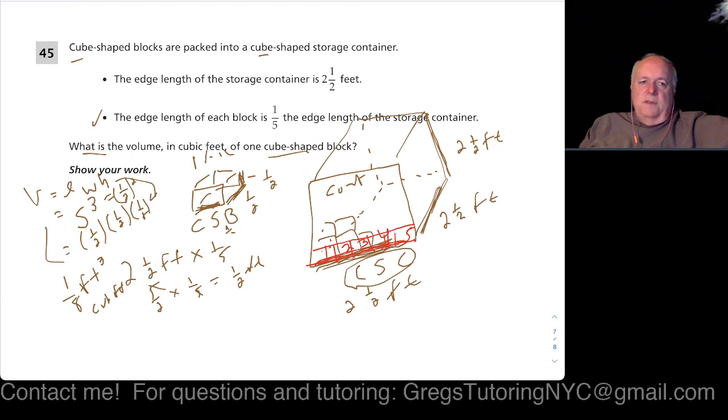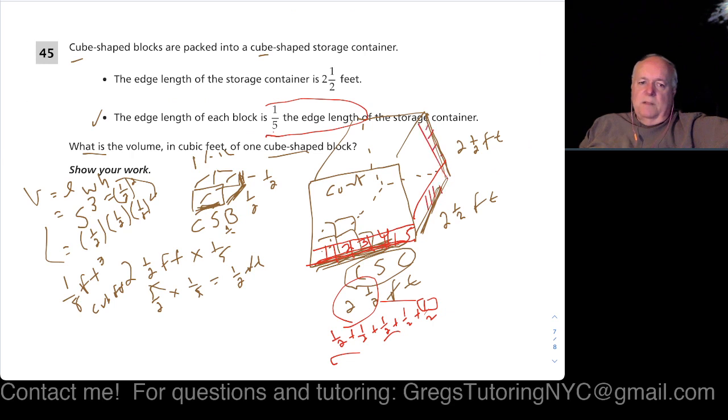It's 1/5 of the edge length. So we're going to divide this 2.5 feet into 5 pieces. It's going to be 1/2 plus 1/2 plus 1/2 plus 1/2 plus a half, right? That's how we get 2 and a half. So we can see visually, and it's the same thing along here. There'll be 5 parts there, and going up and down, there'll also be 5 parts there.